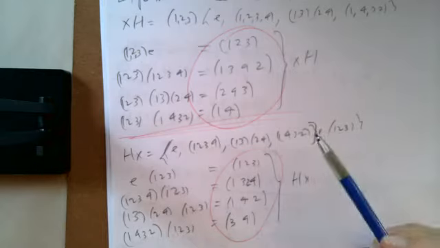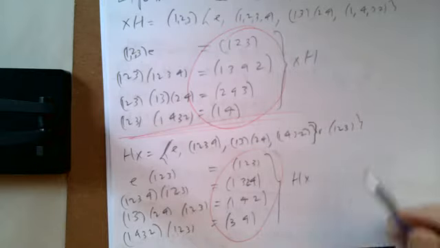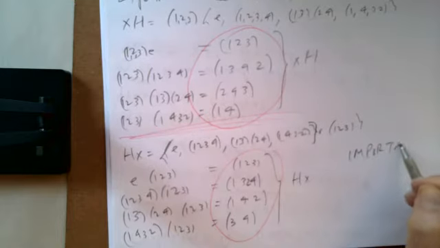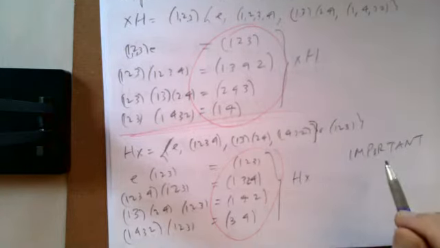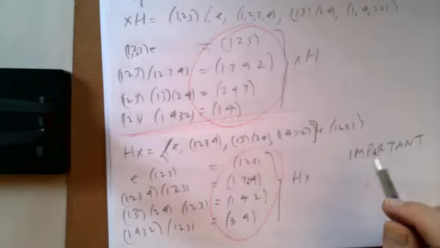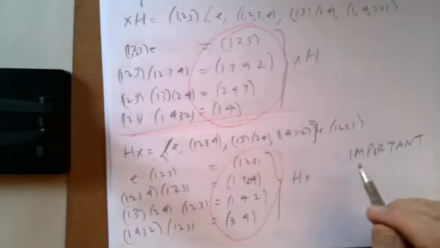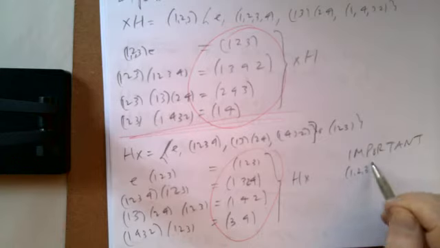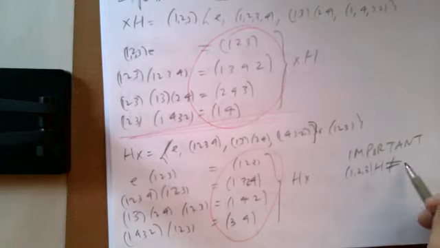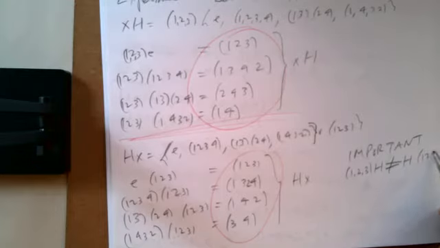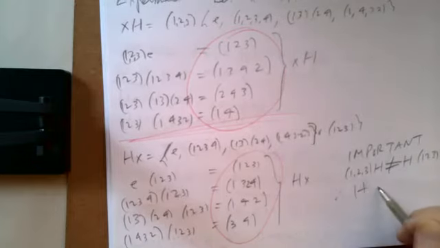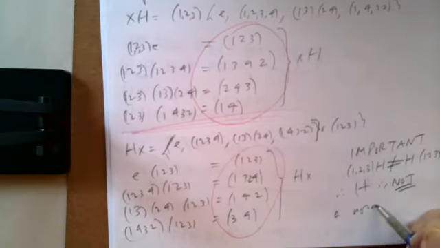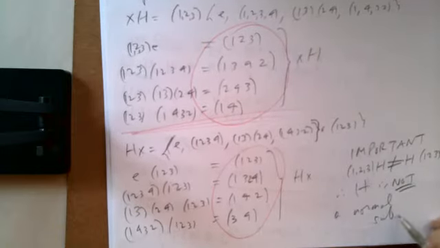But in any case, they're different. So this is the important point. For this particular permutation (1 2 3), the left coset (1 2 3)H is different from the right coset H times (1 2 3). So H is not a normal subgroup.